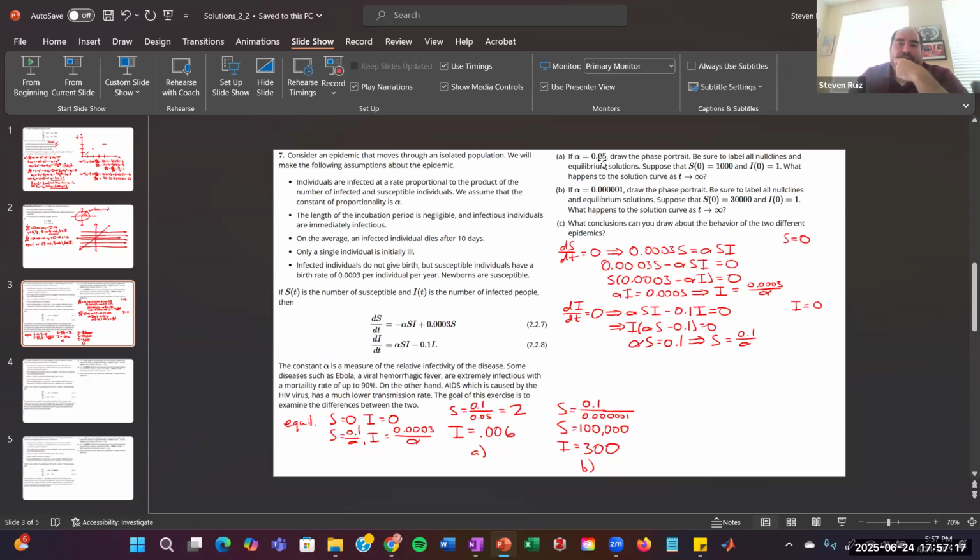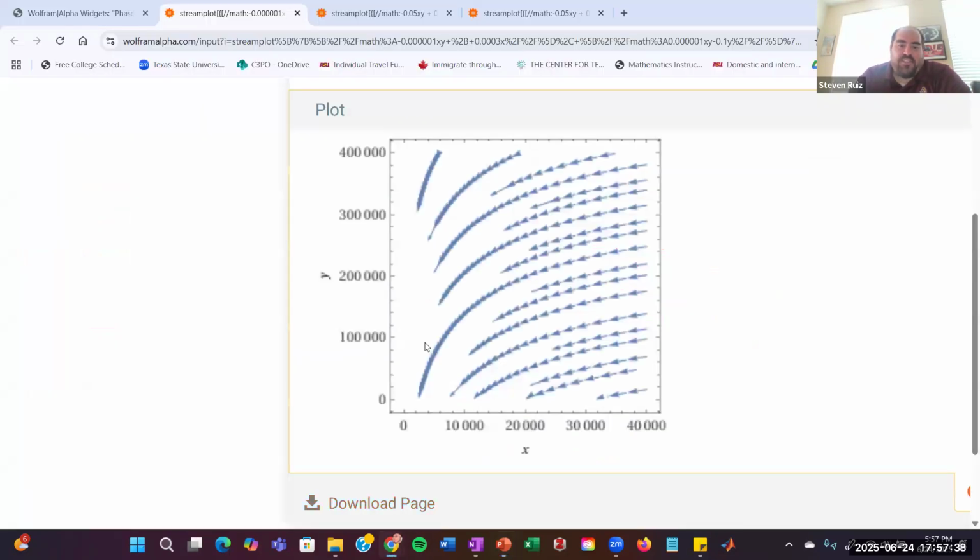But when alpha is equal to 0.05, I believe that happens much more aggressively, much more quickly. The plot we just drew in part B had the same behavior: the number of susceptible and infected people was decreasing, but these slopes are shallower.